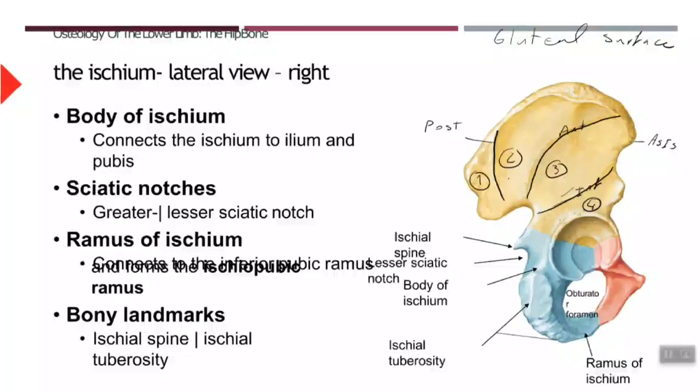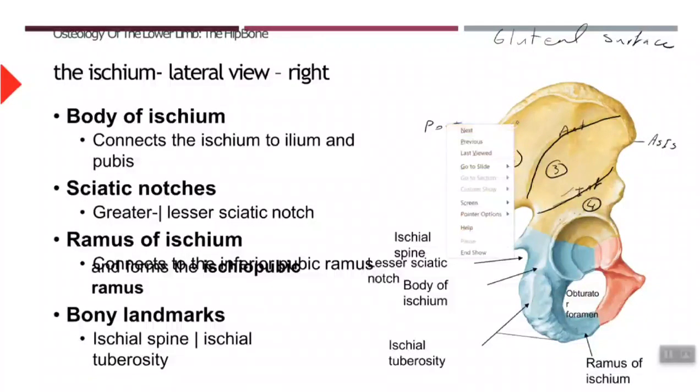By these lines, the lateral surface is divided into four areas, and in each area some muscles are attached. For example, here the gluteus maximus attaches between the posterior and anterior gluteal lines.